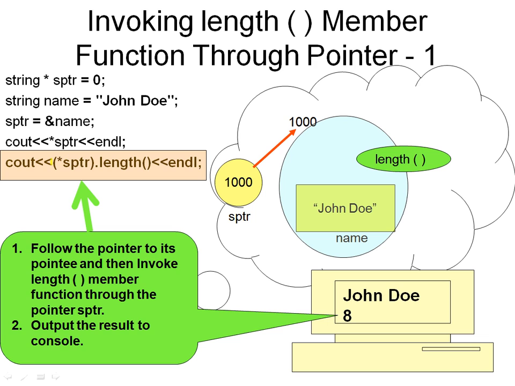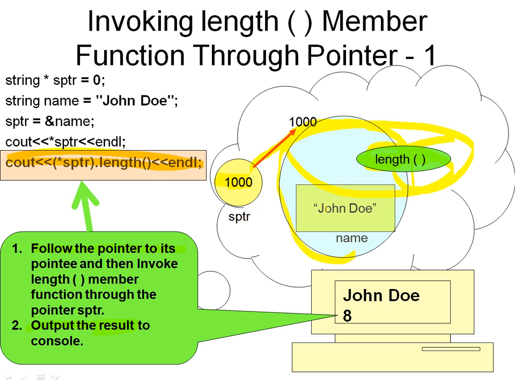When we invoke this line of the code, what that means is follow the pointer to its pointee and then invoke the length member function through the pointer sptr. The address stored is 1000. Follow the pointer to the pointee, which is this object. Then invoke the length function, which is this thing over here. And then the second part is to output the result to the console.